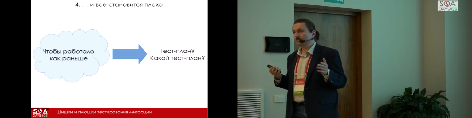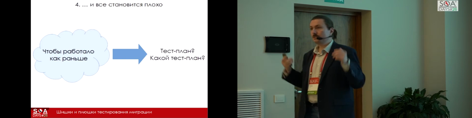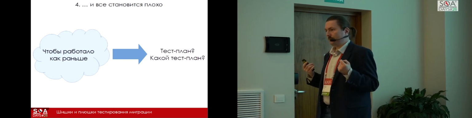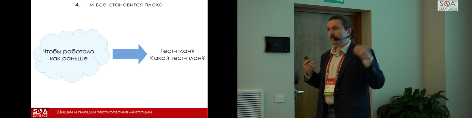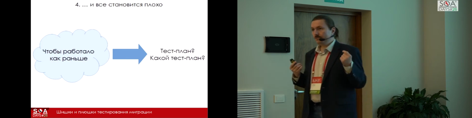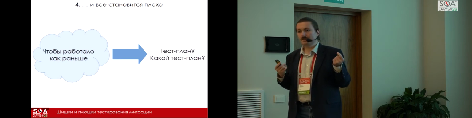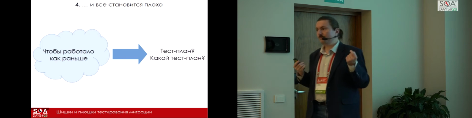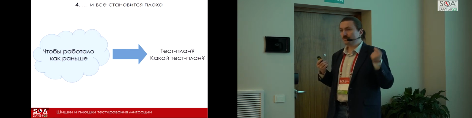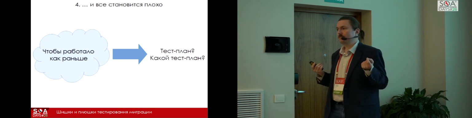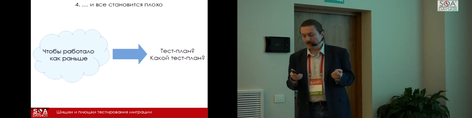So, okay, that was quite clear and well-tuned, but now we have to test migration. What is the potential problem or potential challenge here? Well, here we have one requirement which is completely non-formalizable. This is: everything should be working in the same way as earlier, but how can we test that?